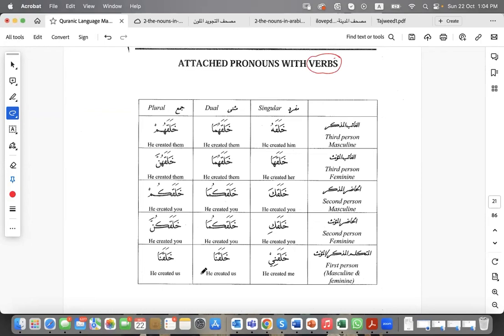And we will see later on when we come to talk about verbs in Arabic that the verb in Arabic includes the doer. There is something with the form, the conjugation form of the verb in Arabic, that tells you who did the action of the verb.